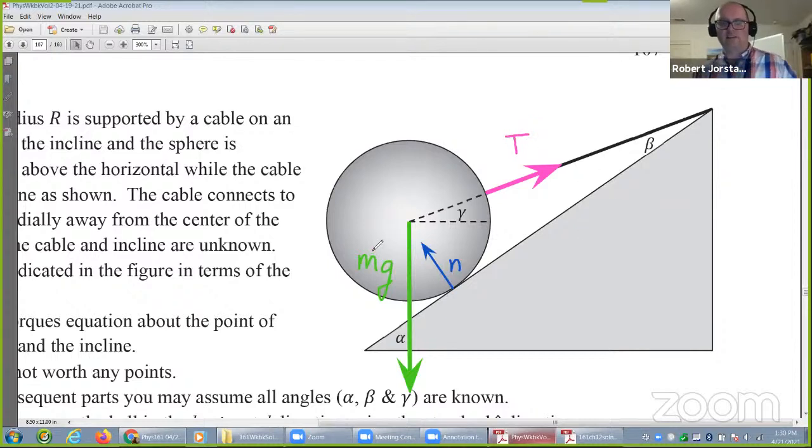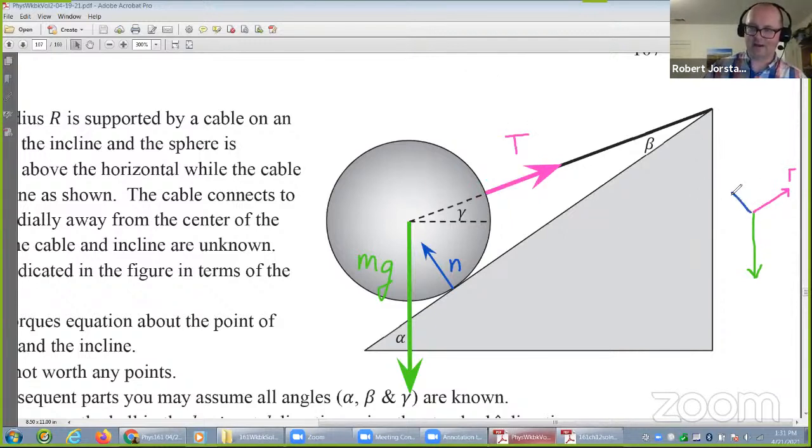Now, in this case, if mg is given, I think what happens here is this. If I draw all these forces in a different spot, there's an mg down, and then there's a tension up this way, and a normal force going the other way like this.